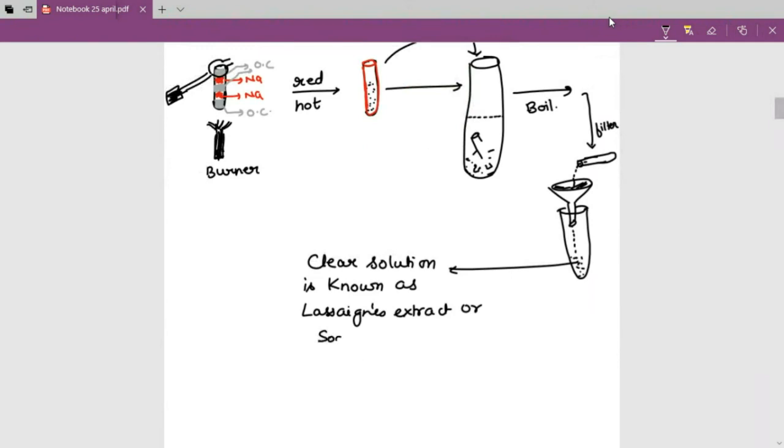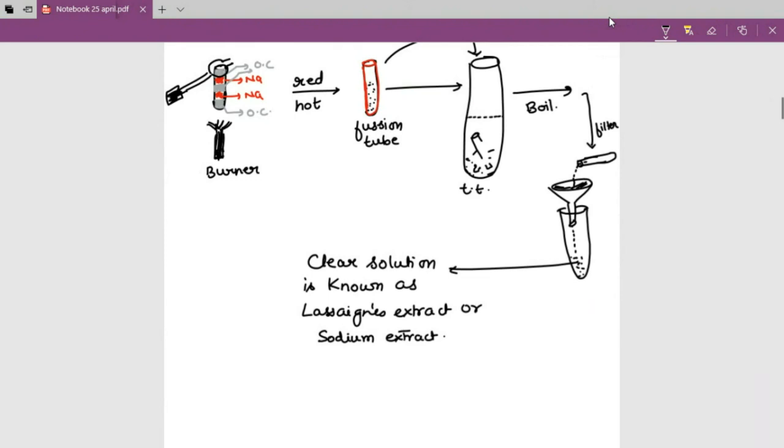So this is how we prepare Lassaigne's extract. This small tube is known as fusion tube, in the lab it is called the fusion tube. This is a normal test tube. This is a special test tube, very small.